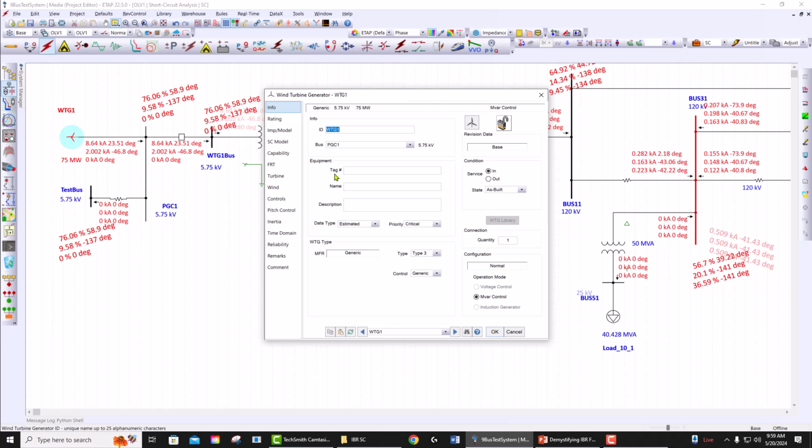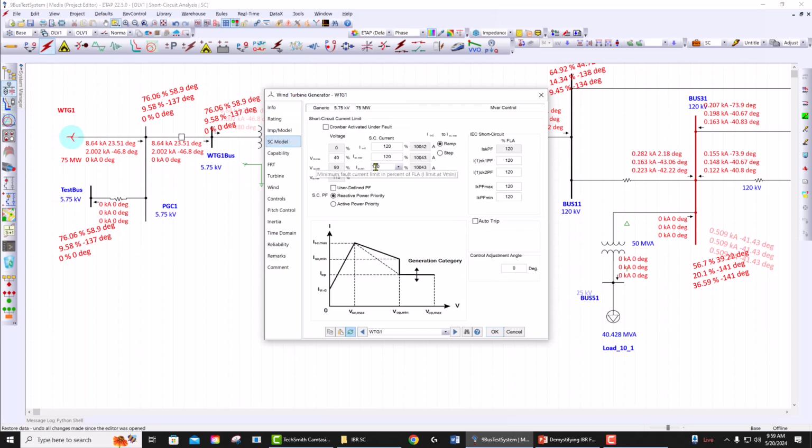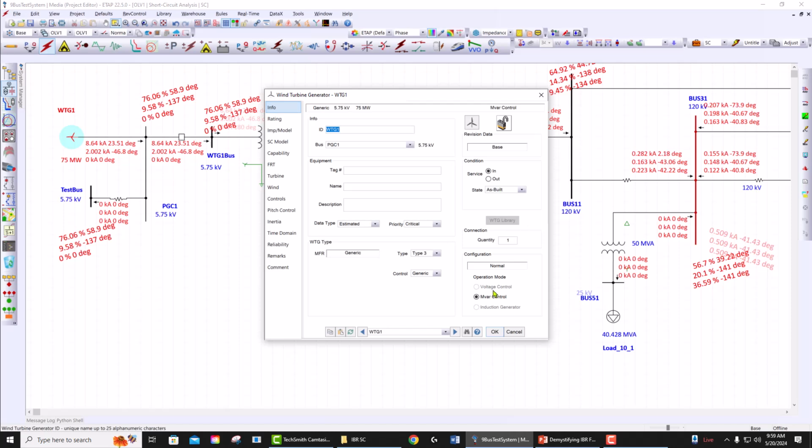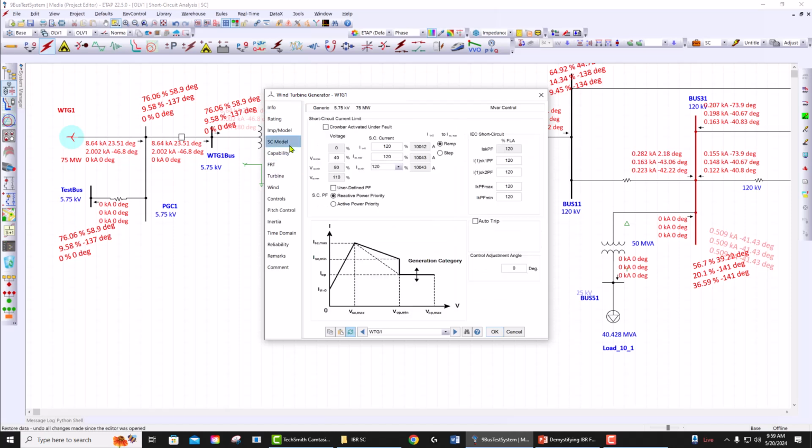Now let's look at the other parameters that can impact the short circuit current of the IBR. Let's start with the crowbar activated under fault. If you have a WTG type 3, only WTG type 3, you're not going to see this under WTG type 4 or in the inverters.